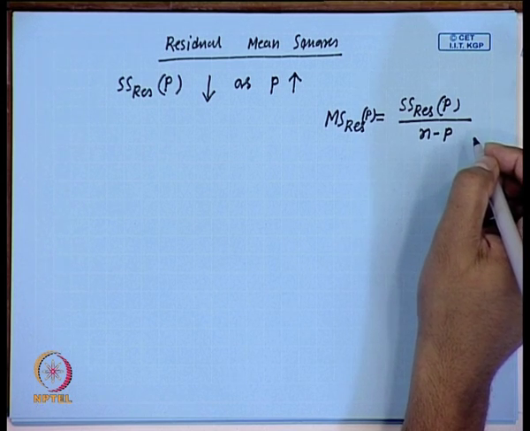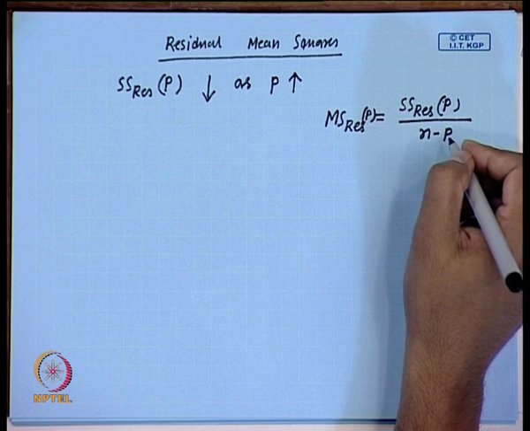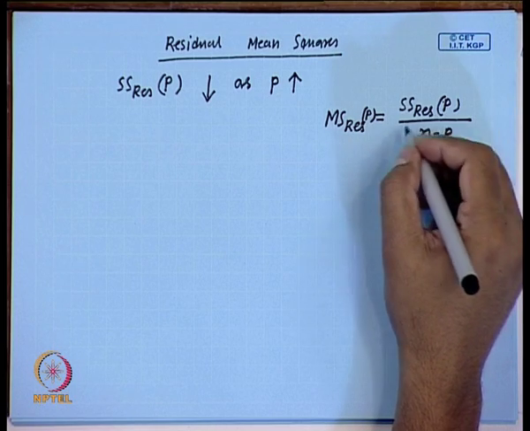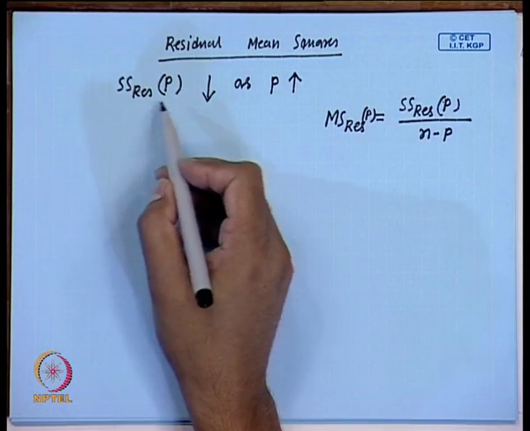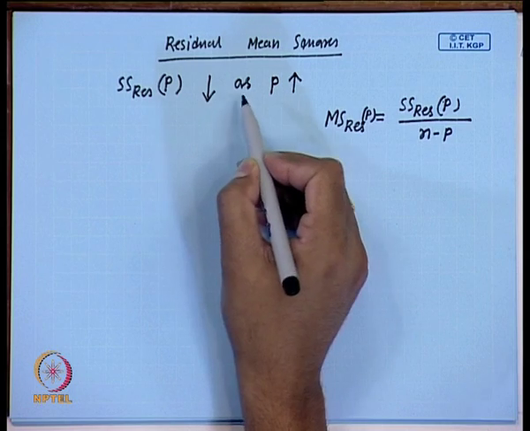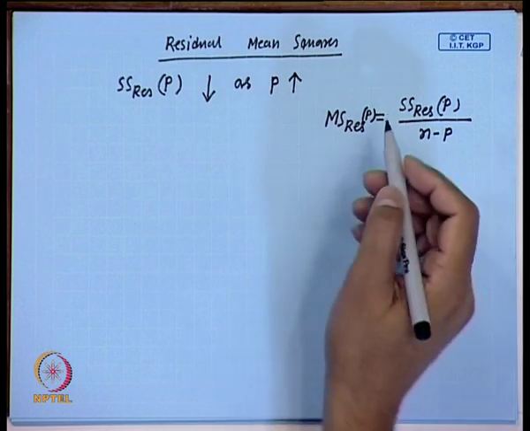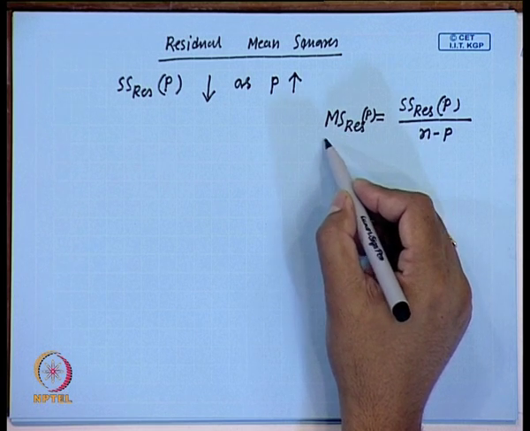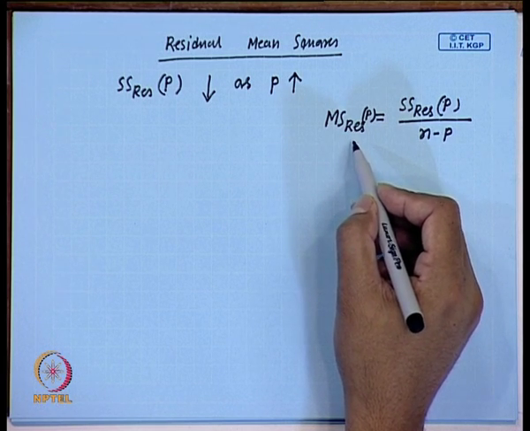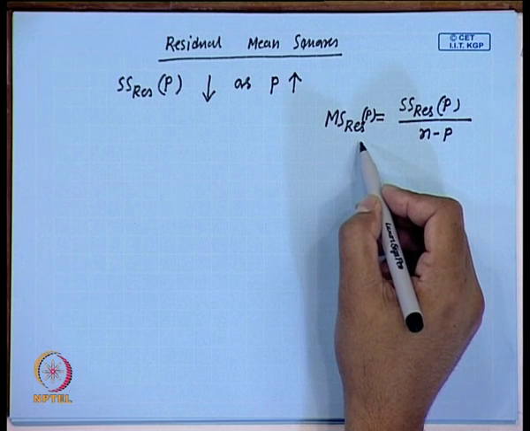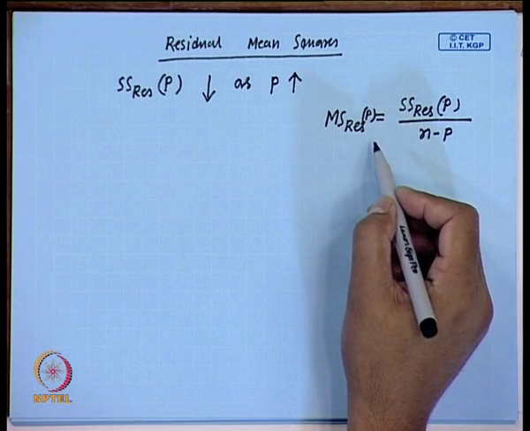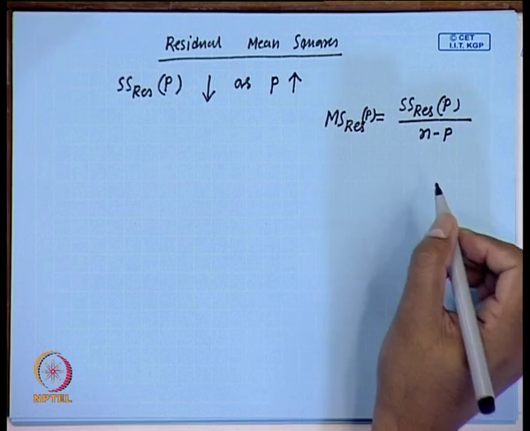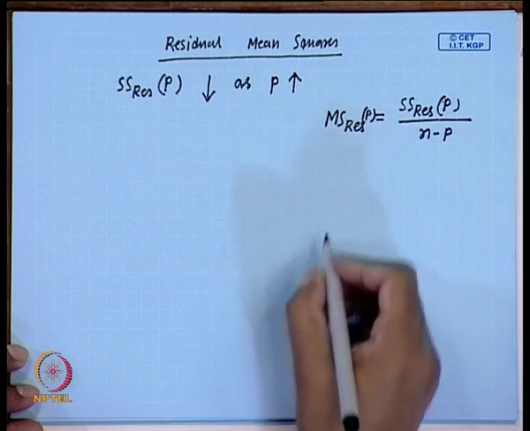Okay. And here one thing I want to mention is that SS residual decreases as P increases, but this is not true for MS residual. I mean MS residual may increase with P.